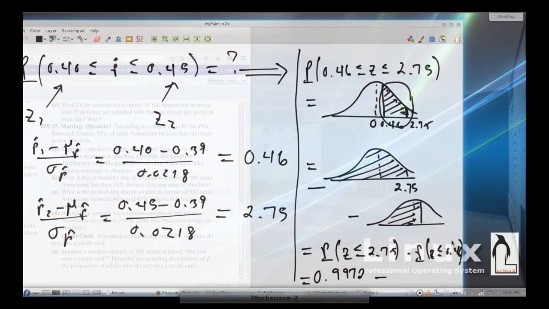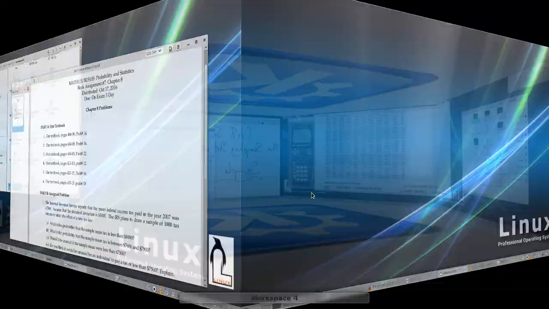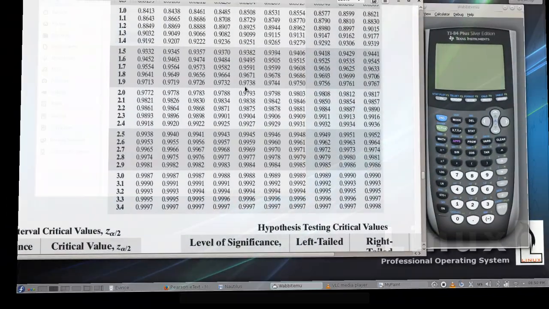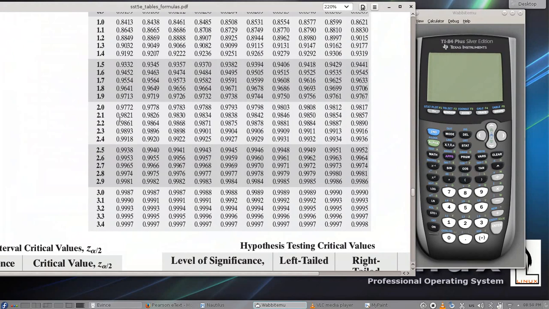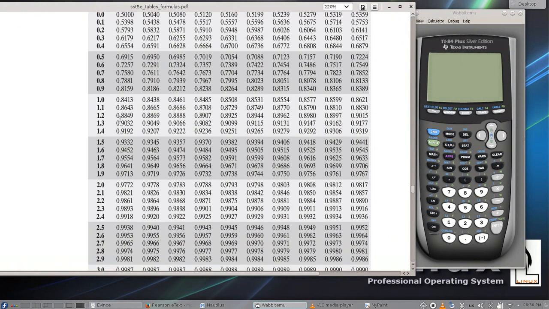Now let's determine this one, and that one is 0.46. So 0.46 is somewhere around here. Let's go up a little bit. 0.46, and the 6 is going to be the seventh column, right? So 0.0, 0.01, 0.02, 0.03, 0.04, 0.05, 0.06. So right here, 0.6772 is the 0.46.